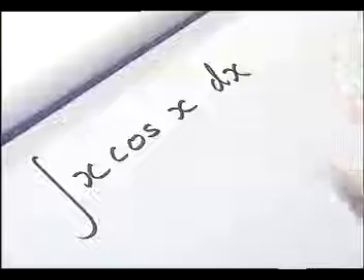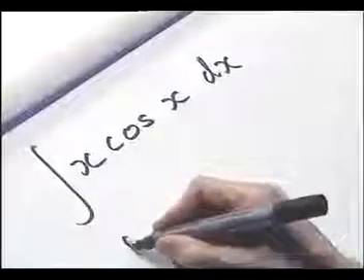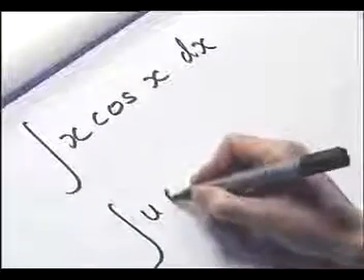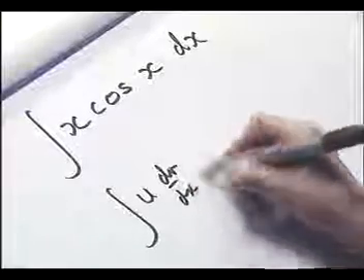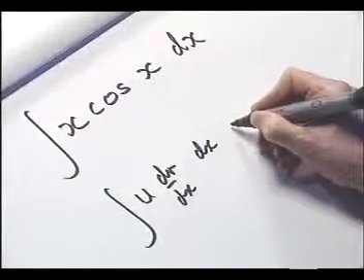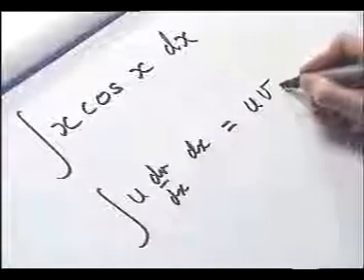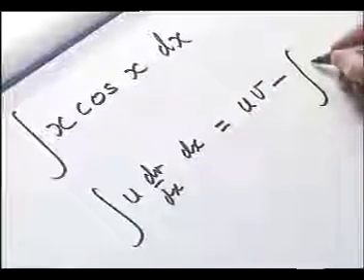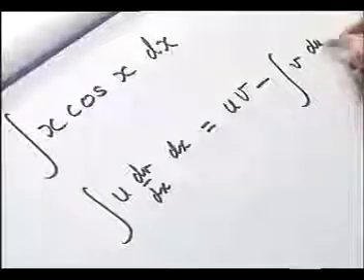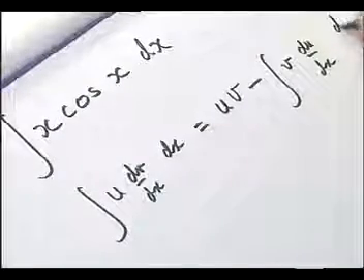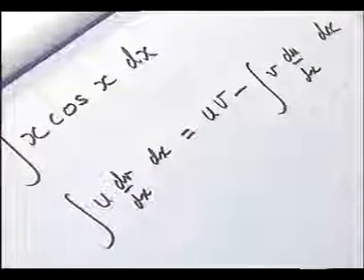Now let's just write down the formula again so we can see what happens. The integral of u dv/dx with respect to x is equal to uv minus the integral of v du/dx with respect to x.